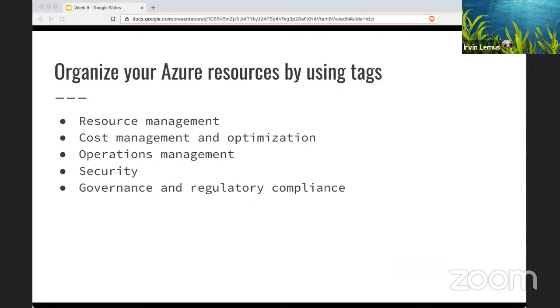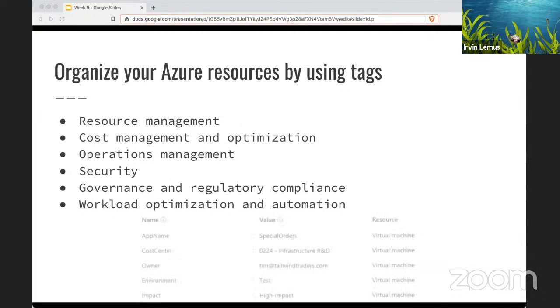You can identify any resources that align with governance or regulatory compliance, like ISO 27001. And workload optimization. Being able to use these tags can help you to really pinpoint what's happening where, being able to quickly search through the cloud, for example. Rather than looking at everything, you can use these tags to help make life easier.